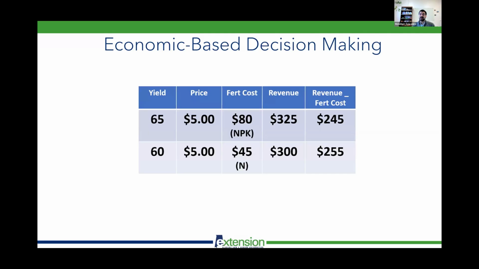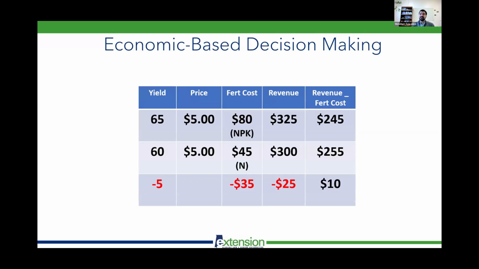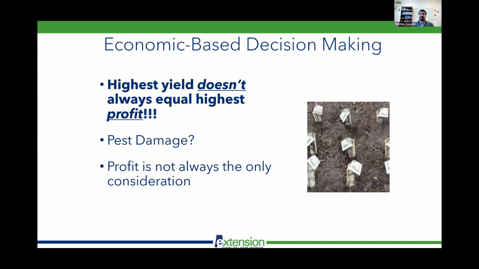And so we cut our costs here by $35, which resulted in a yield decline, but we only cost ourselves $25 in revenue. So in essence, the amount of savings we had was $35, but the amount of lost crop revenue was $25. So it makes us overall better off by $10. And so, just looking at yield in this case wouldn't maximize our profit. So it's one of those things we might want to take into account.